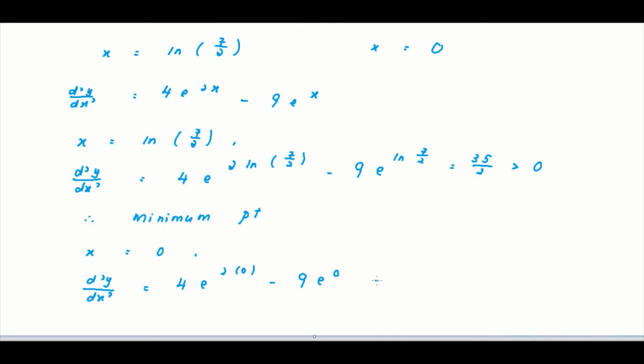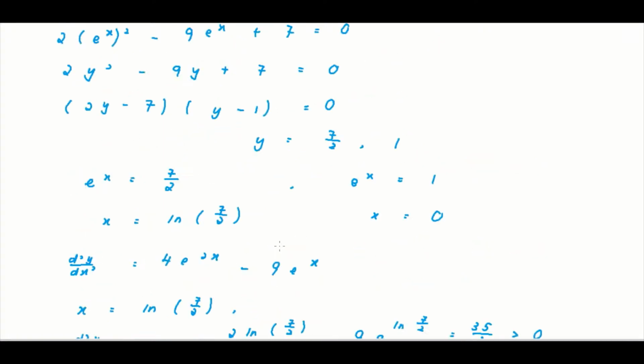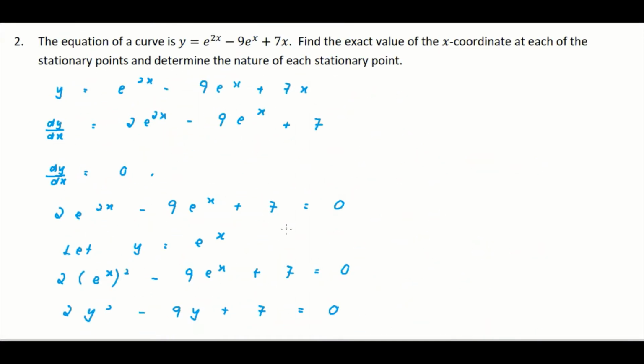So 4 minus 9 is negative 5, smaller than 0. When your second derivative is smaller than 0, it means it will be a maximum point. If you want to rewrite the whole thing, x equals ln(7/2) is a minimum point, then x equals 0 is the maximum point. Okay, all right, so let's move on to the last section of the lesson.